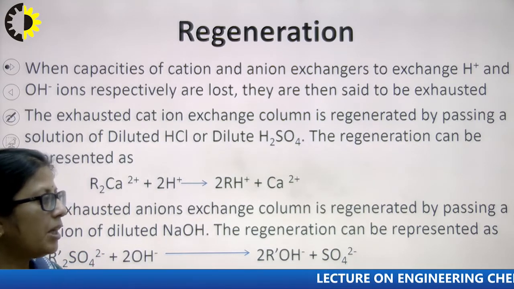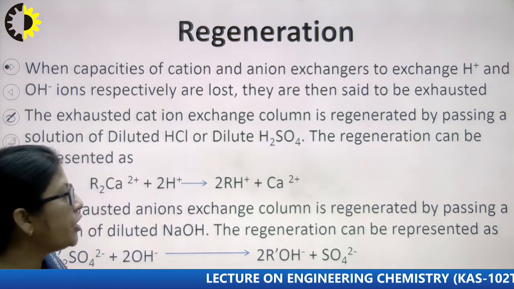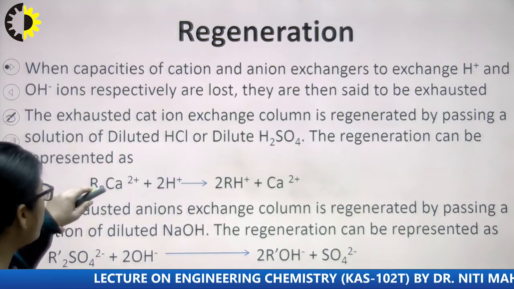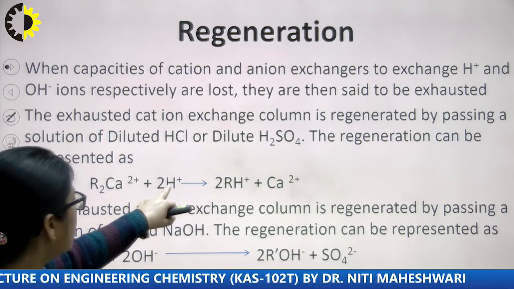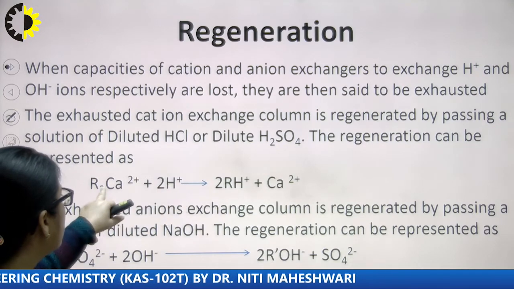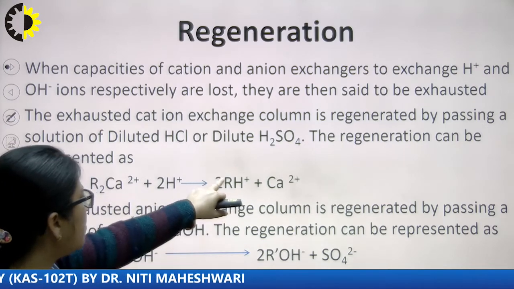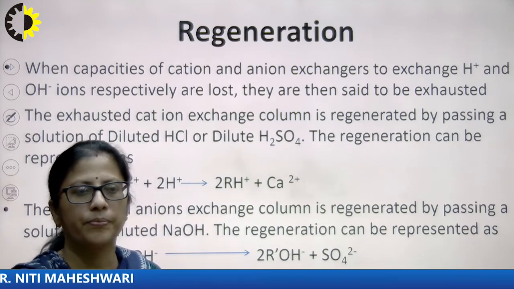The acid can be either HCl or H2SO4, and the regeneration process is represented as follows. Suppose calcium was fixed in the cation exchanger. The acid gives out H plus. Now, this H plus moves the calcium out of the system and occupies its original position.